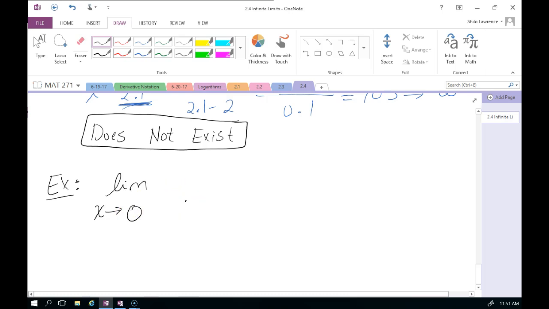We're going to try to find the limit as x approaches 0 for the cotangent of x. Now, even if you don't remember anything about cotangent, we are going to try to walk through this one slowly based on some things we know about some other trig functions.